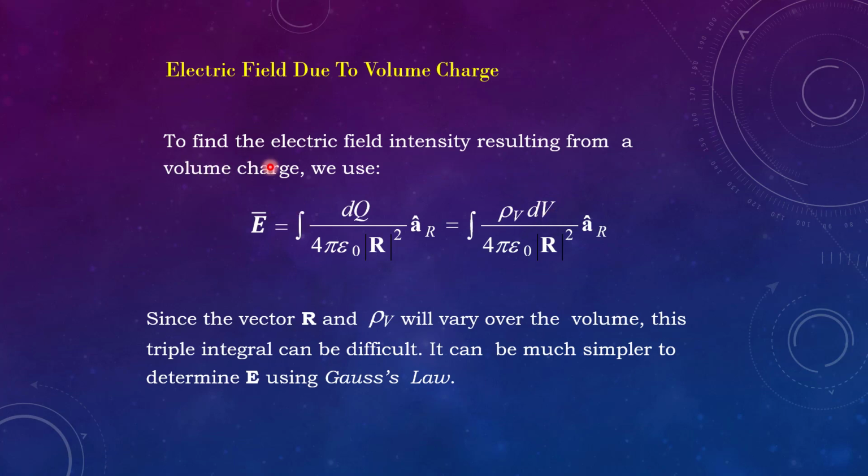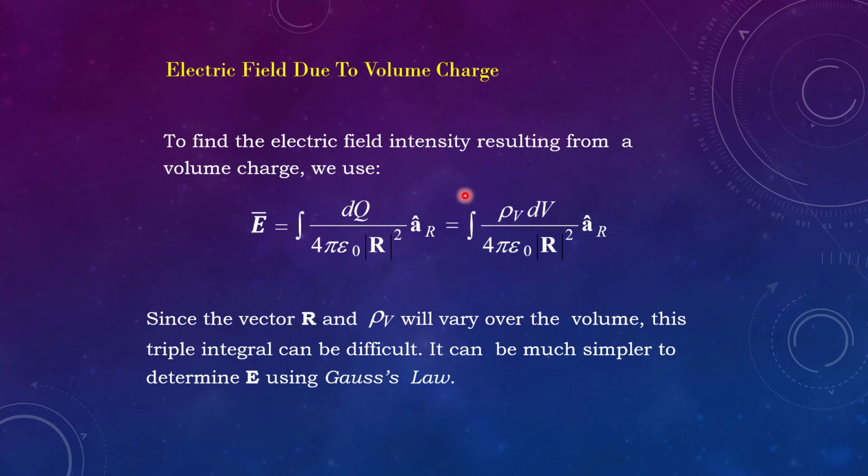E bar, the electric field intensity resulting from such a volume charge, is equal to the volume integration of dq divided by 4 pi epsilon naught r square into AR cap. But in this case dq is rho v into dv, right?